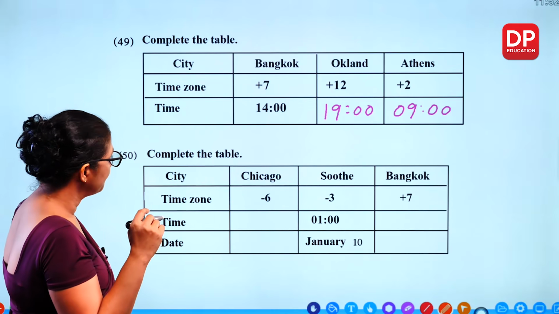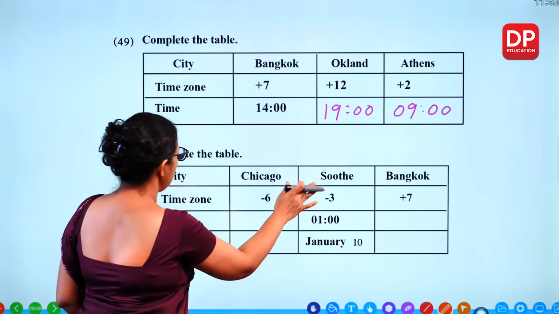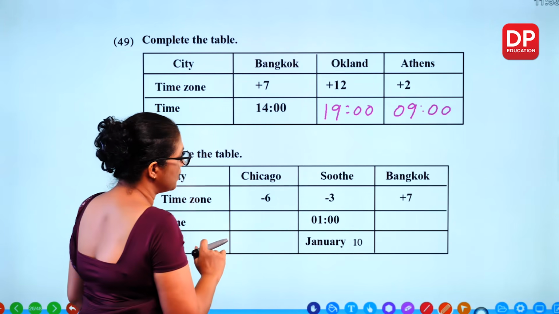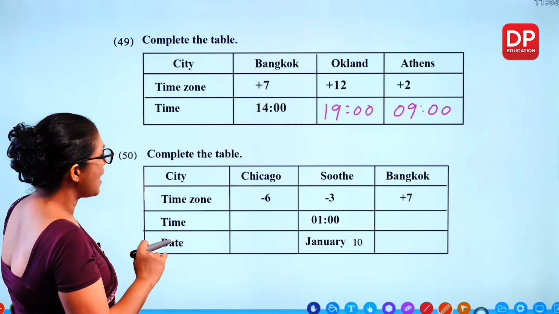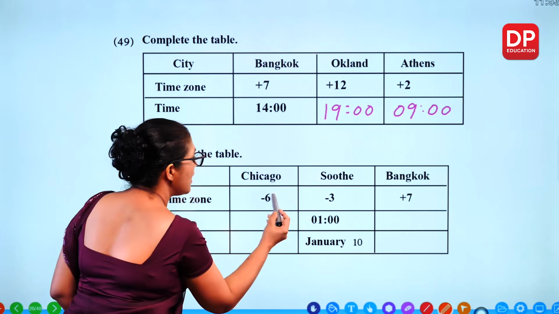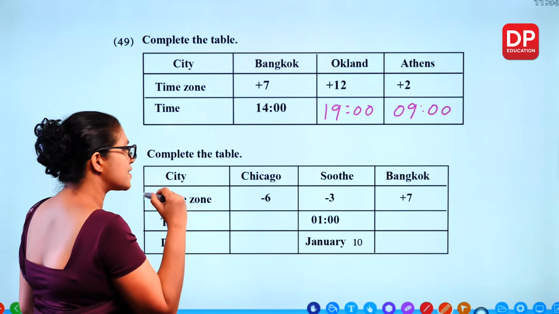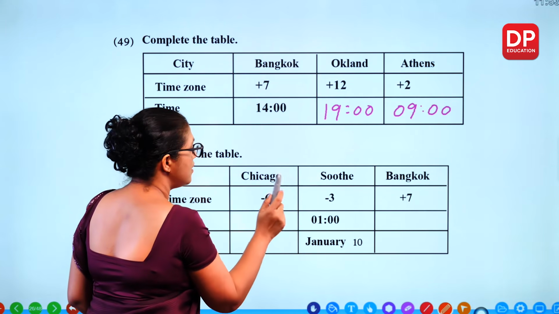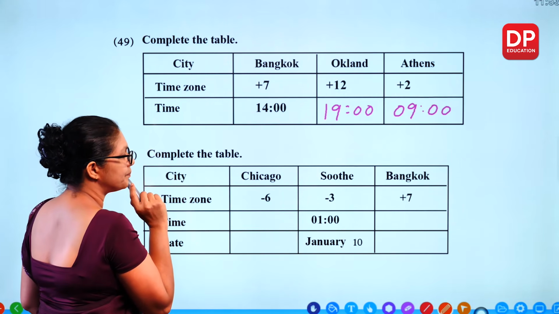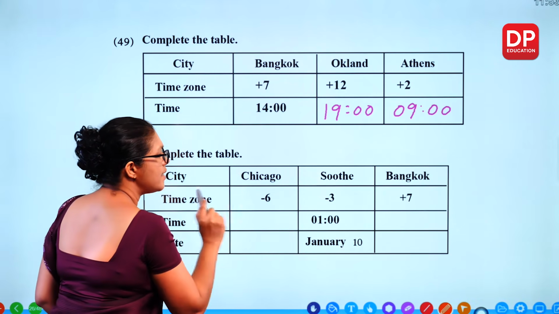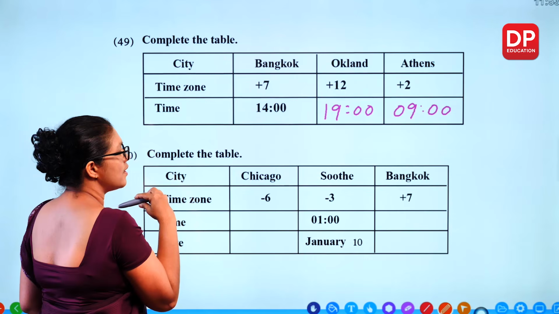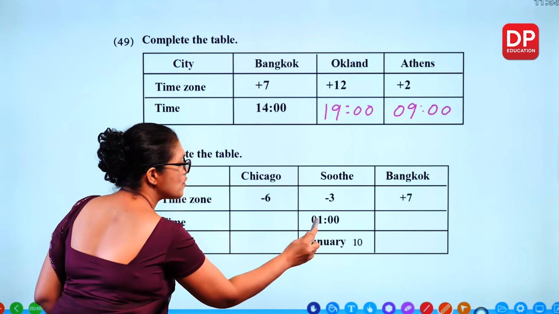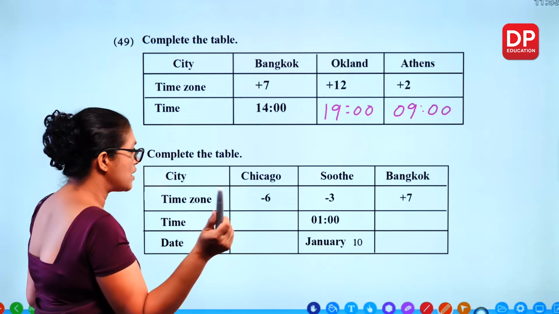This one, you have been given the time zone. So Chicago is minus 6. So what's the time? So here to here, subtract another 3 hours. 1 in the morning. So 1 in the morning, subtract 3. So we'll take this one as 25, 24 plus 1.